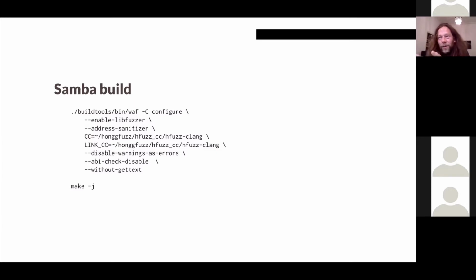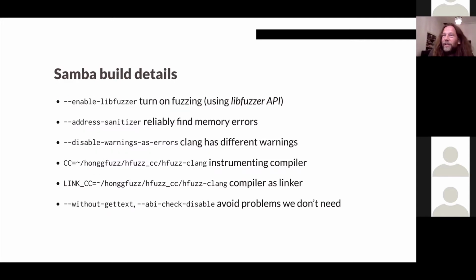And then you turn off warnings as errors, because Clang has different warnings than GCC, and your Clang will warn about something that GCC wouldn't, and no one tested that until you just did now, and so you just end up chasing things you don't care about. And the same with the ABI check disable and without gettext, they'll just cause you problems.